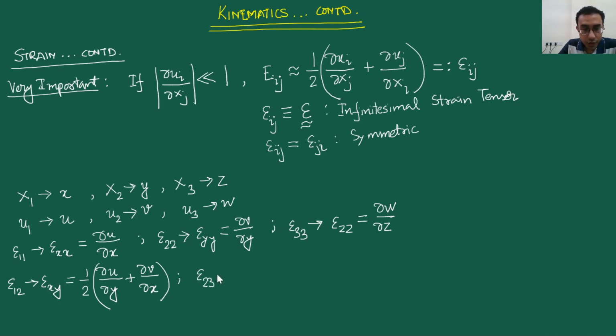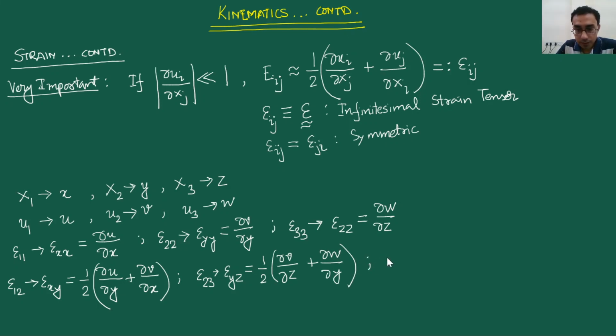Similarly, epsilon 2 3 is going to correspond to epsilon yz, and that is equal to half of del v del z plus del w del y.